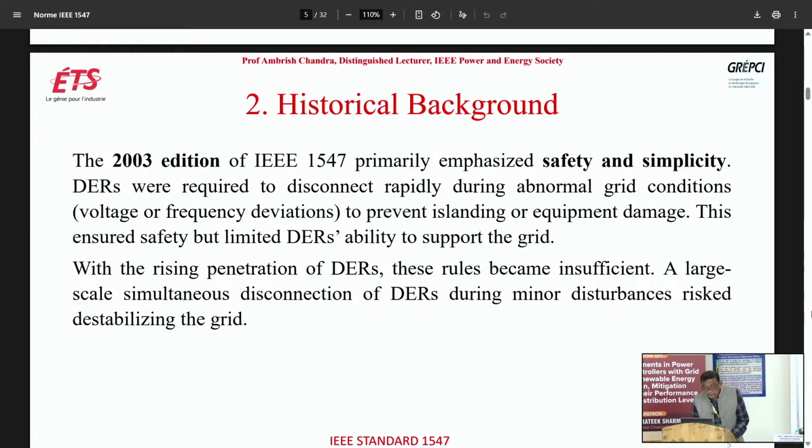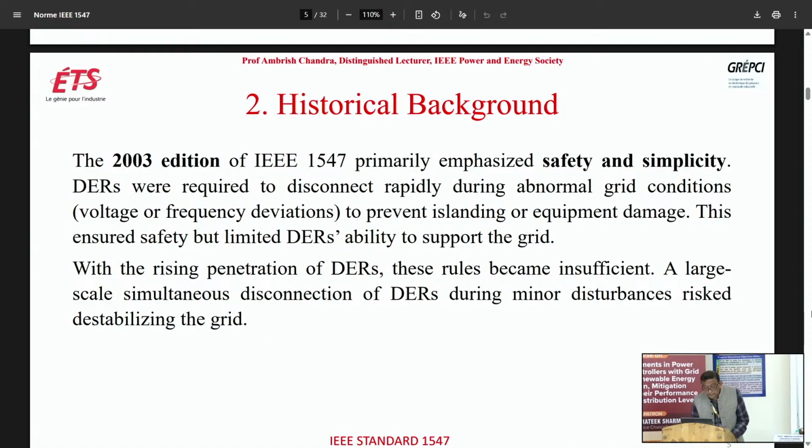With the rising penetration of DR, suppose 50% of energy is coming from PV and wind, and if there is a problem in the grid, are you going to disconnect it? 50% of energy, so everything will be blackout. To address this, the 2018 edition redefined DR interconnection by introducing grid supportive behavior.